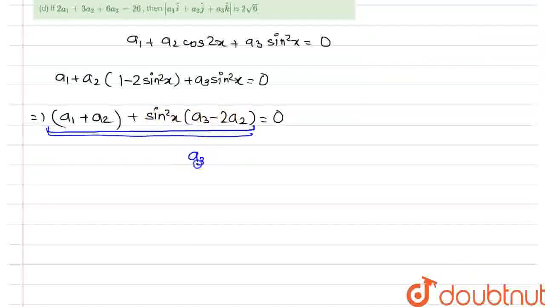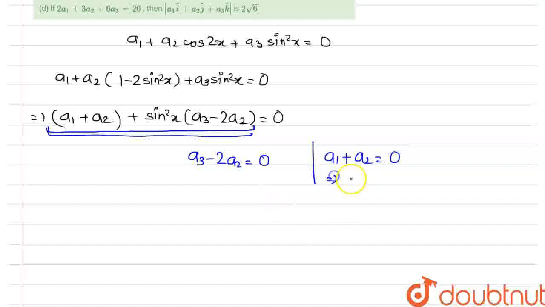That is, we'll take a3 minus 2a2 equals 0. In that case, this term will become 0 and this whole term will be independent of x. And after taking a3 minus 2a2 equals 0, we'll be left with a1 plus a2 equals 0.